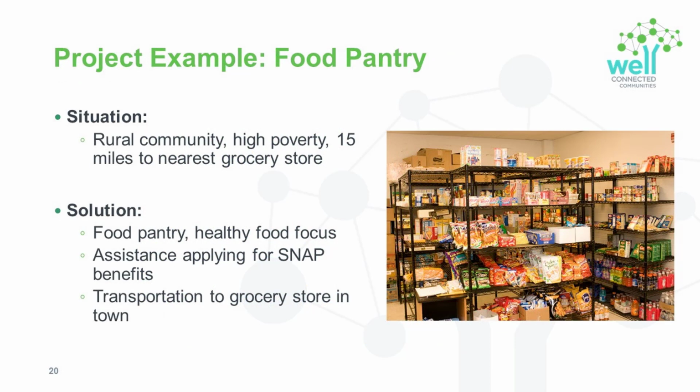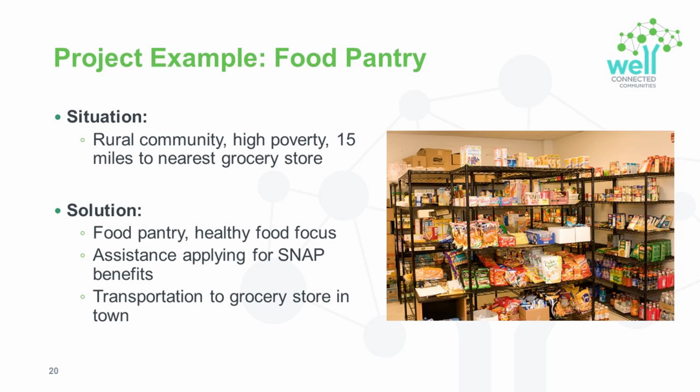Let's look at one volunteer group's project. This group lived in a rural community with a high poverty rate. The community was food insecure because of low income levels and because the nearest grocery store was 15 miles away. This posed a barrier for those with no transportation or for those with limited resources to pay for fuel to get into town.